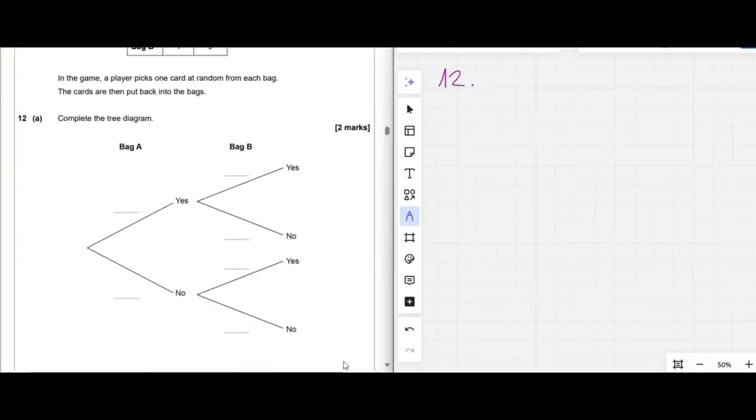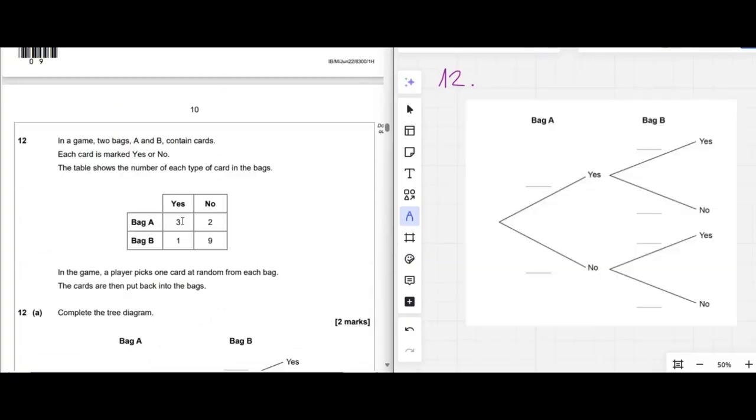Complete the diagram. How many cards in total do we have in bag A? 5 cards. And in bag B, 10. So the probability of having a yes card in bag A is 3 over 5. 3 cards out of 5 total is possible.